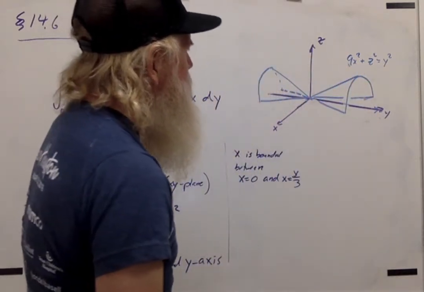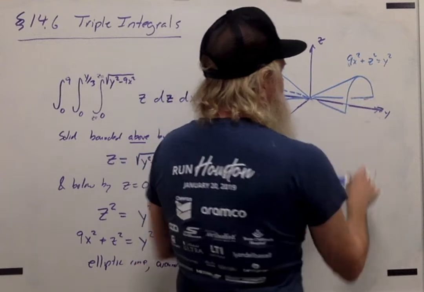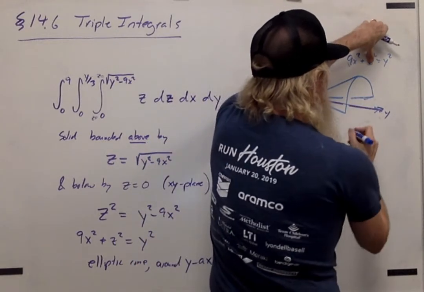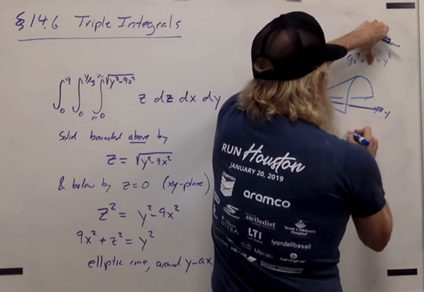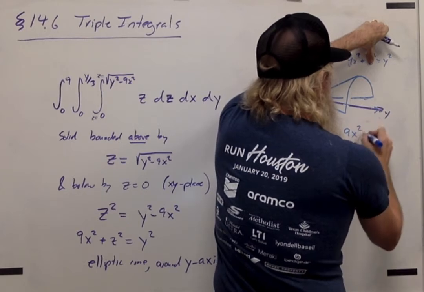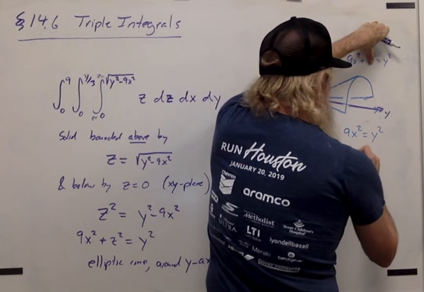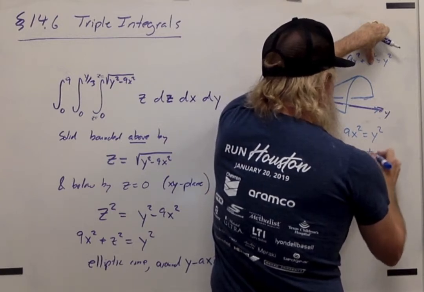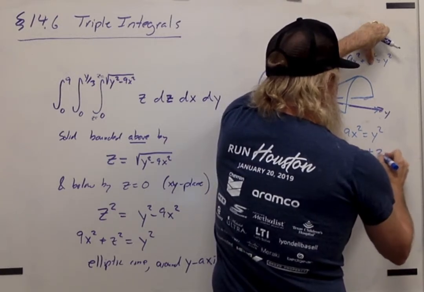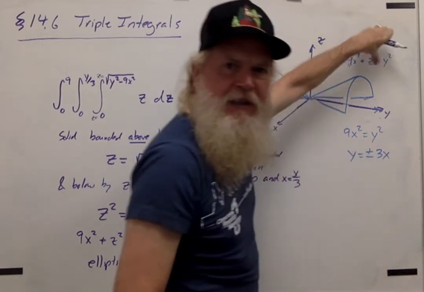So the intersection with the xy plane happens when z equals 0. And if z equals 0, I get 9x squared equals y squared. So y is plus or minus 3x.